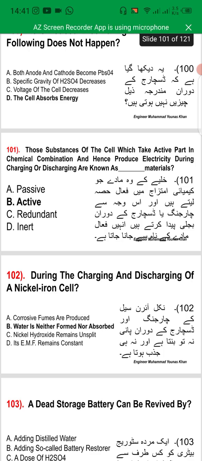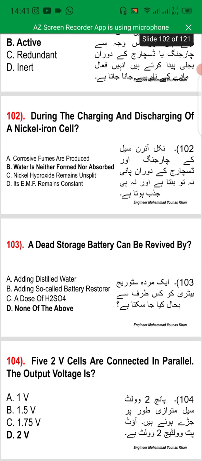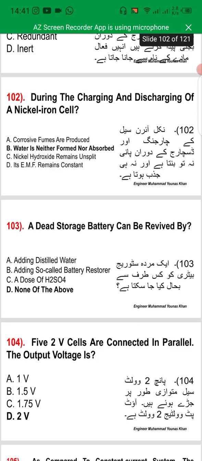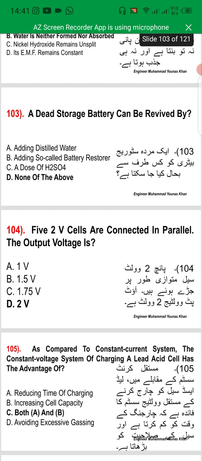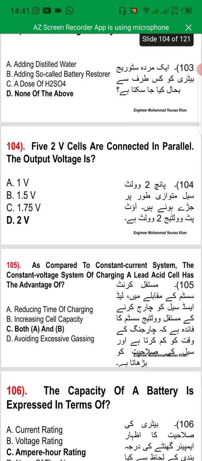Those substances of the cell which take active part in chemical combination and hence produce electricity during charging or discharging are known as active material. During the charging and discharging of a nickel iron cell, water is neither formed nor absorbed. A dead storage battery can be revived by none of the above.